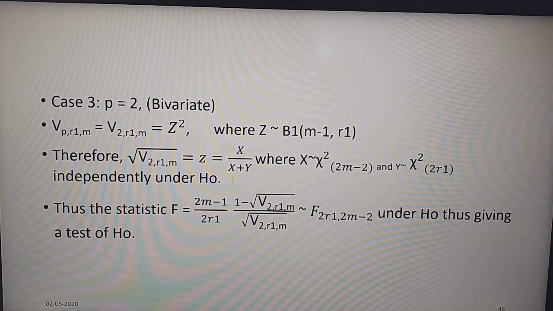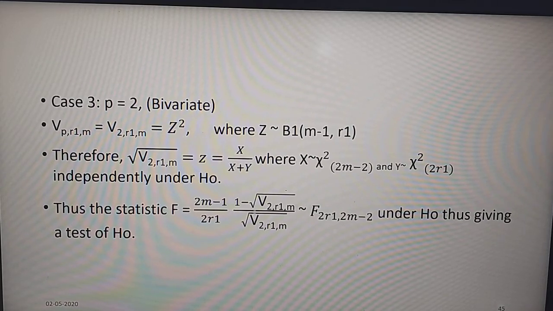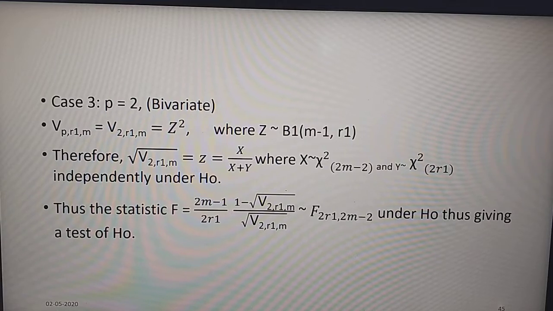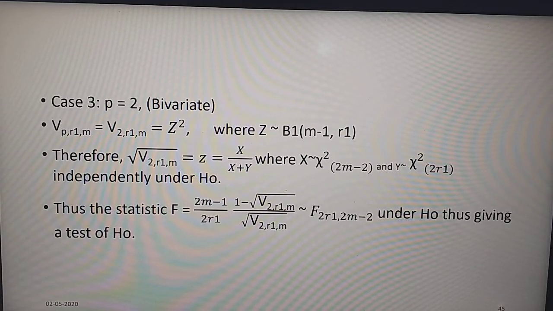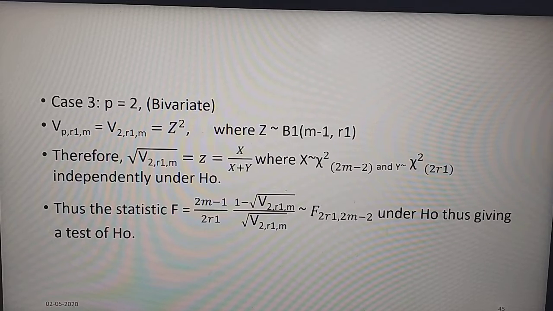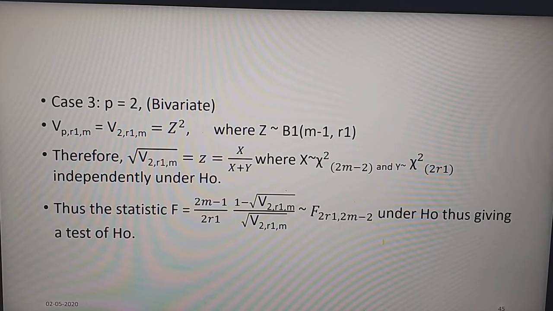This is equal to X/(X plus Y). So F is equal to this divided by their respective degrees of freedom. This statistic F follows F distribution on twice r1 and twice (m minus 2) degrees of freedom under H0, thus giving a test of H0.